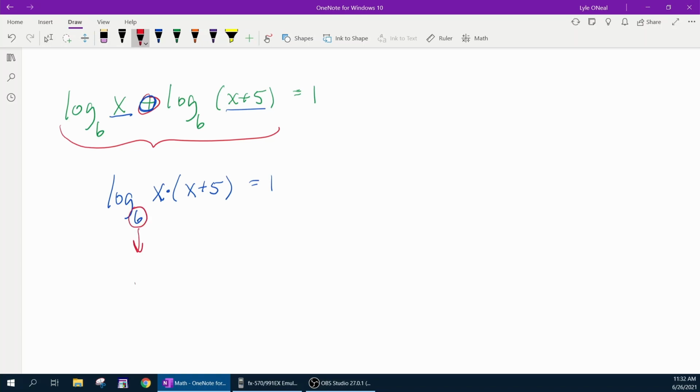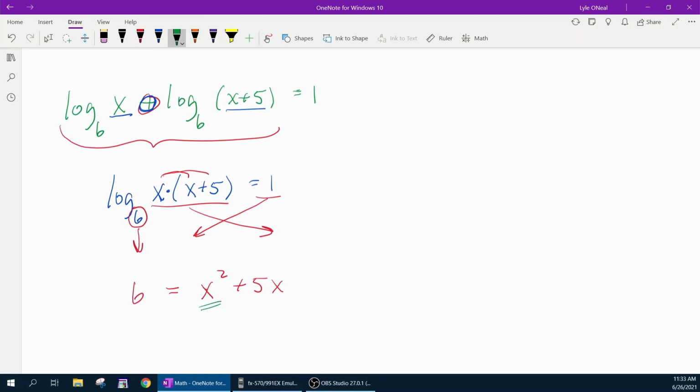We're going to bring the base down, switch the other two around, and I'm going to distribute on the fly. That means as I'm switching it around, I'm going to go ahead and use the distributive property. So the 1 becomes the exponent. 6 to the 1 is 6. Equals x squared plus 5x using the distributive property.